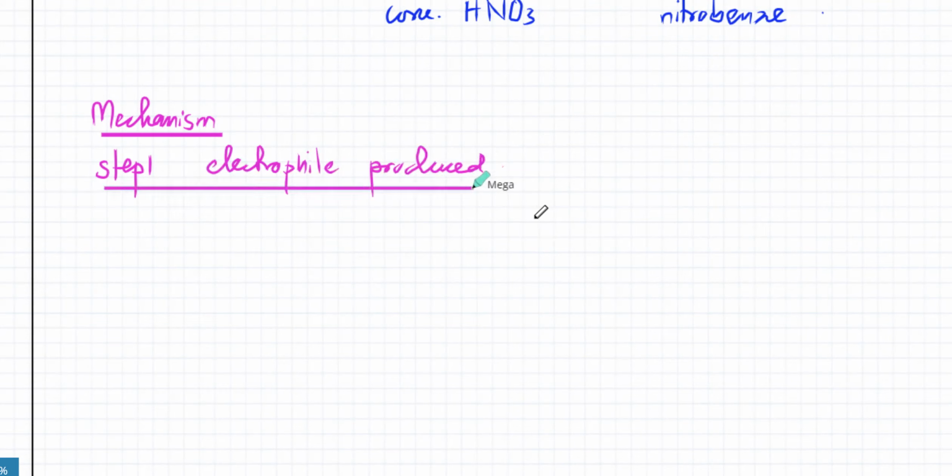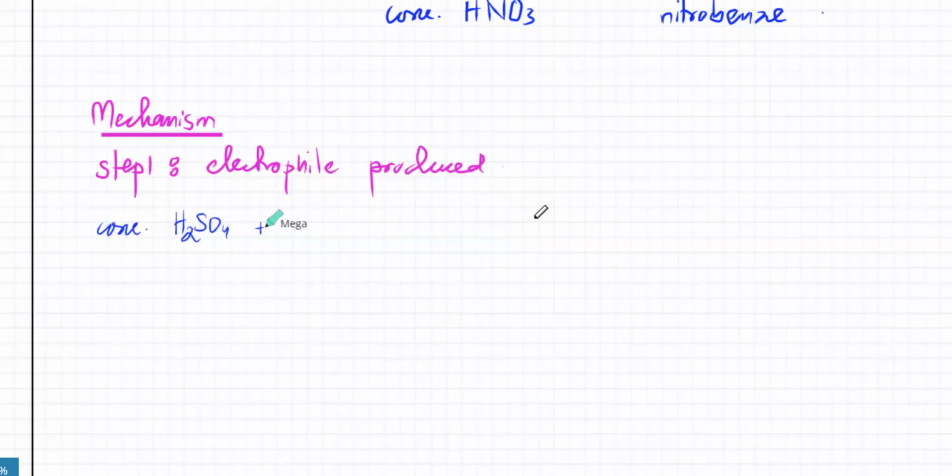So that is step number one. How is it produced? The concentrated sulfuric acid and the concentrated nitric acid react together.